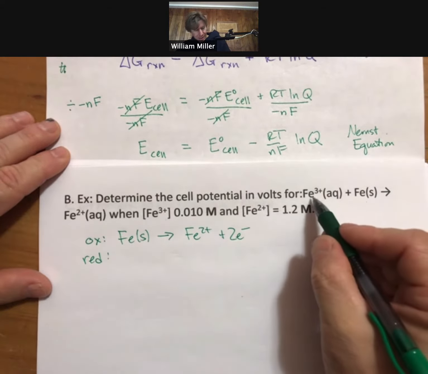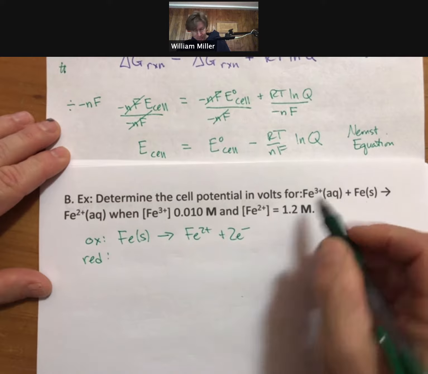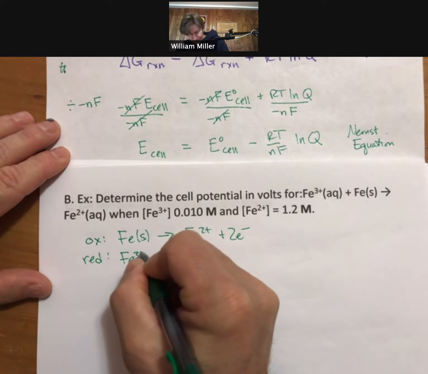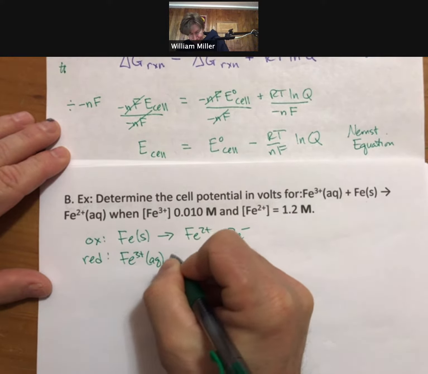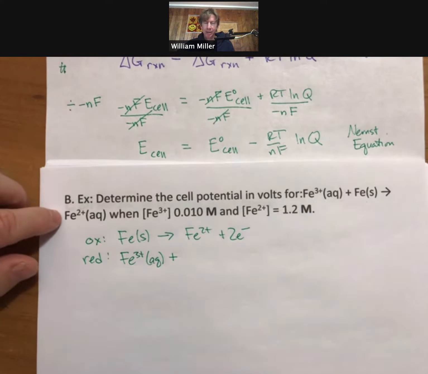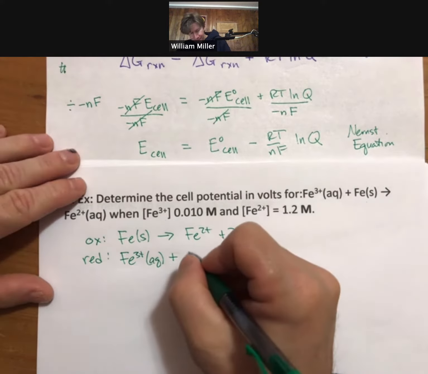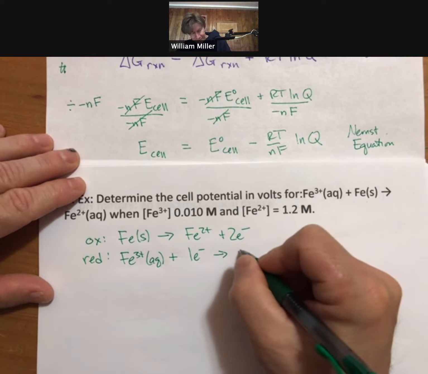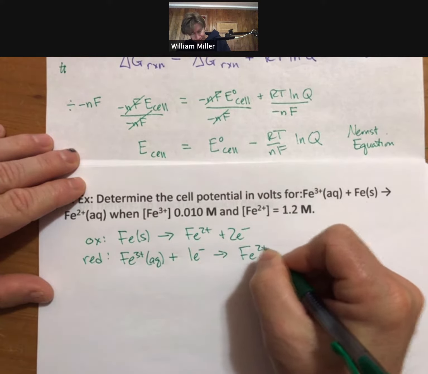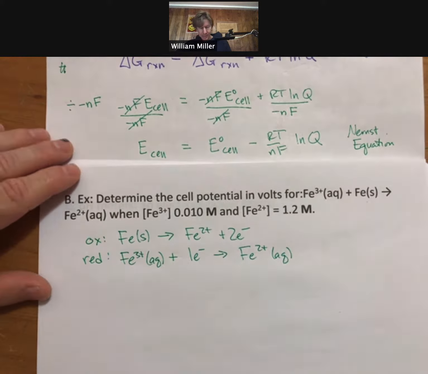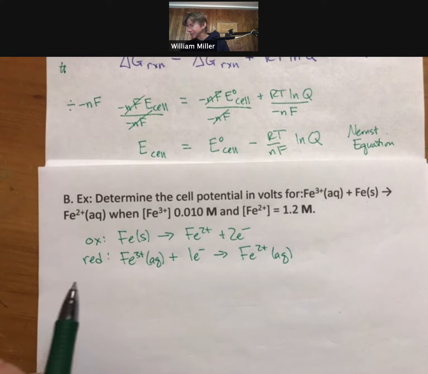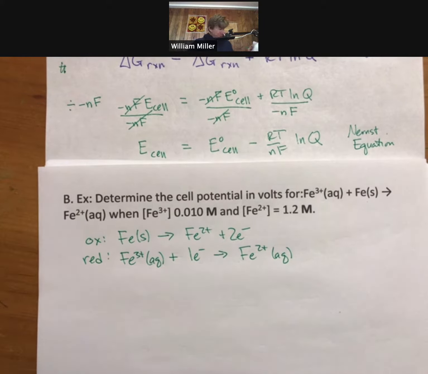We're also taking iron 3 plus and turning it into iron 2 plus. That's going to be a 1 electron process because the charge is changing by 1. And now let's see if these are on the table.